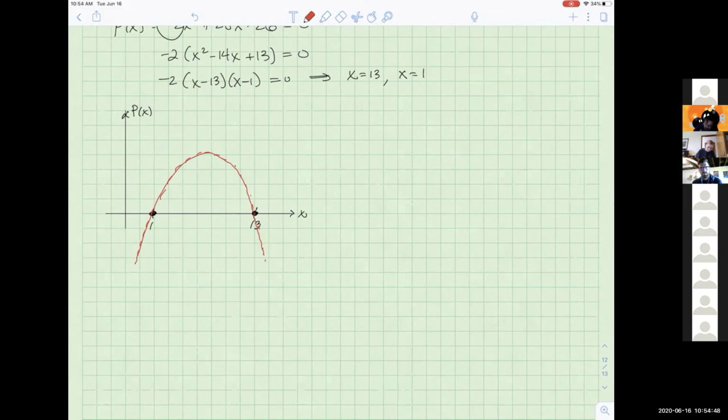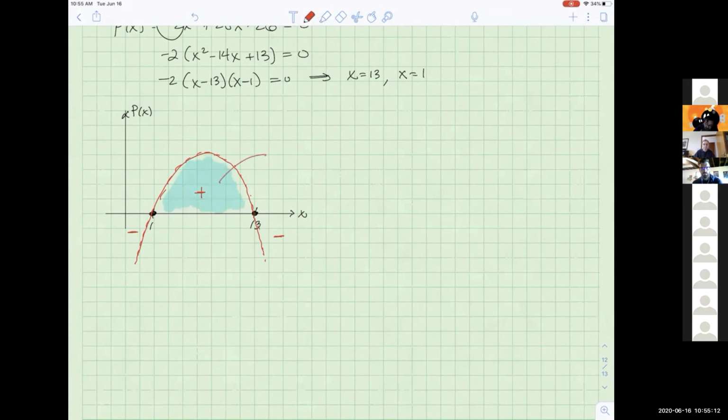And so down here, the profit is negative. In between these two values, the profit is positive. And then after 13, the profit's negative again, which means that there are two different spots where we're going to break even. And according to how I'm pricing things, I'm only actually making money if I sell somewhere between 1 and 13 shirts.